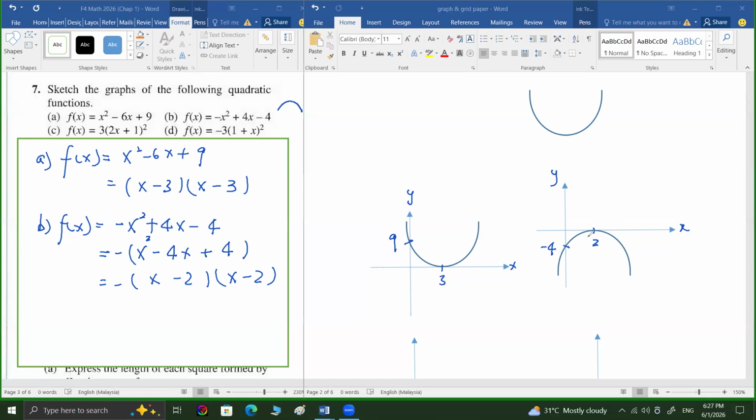Now, okay, we go to C. Class, you look at C. Actually, C is already factorized. How do I know? Now you see the bracket here like this. We can have A, we can have 1, 2, 3, 4 here outside. Here it's okay, one. Now that is already factorized. It's like this one that we take out the number.